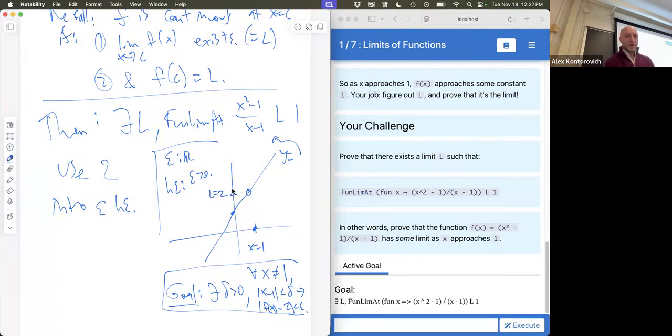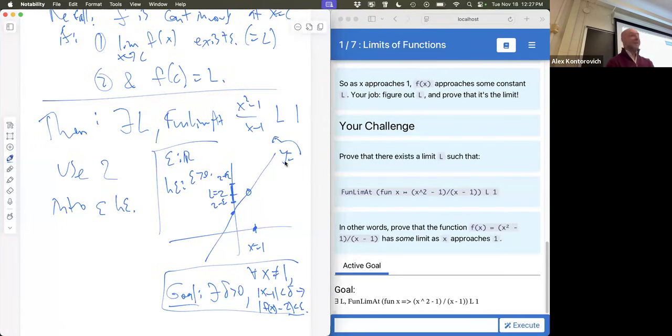Okay, so our window, I don't know what epsilon is, but our window is we have to be within epsilon of 2. This is 2 plus epsilon. This is 2 minus epsilon. How much within 1 must I be to guarantee?